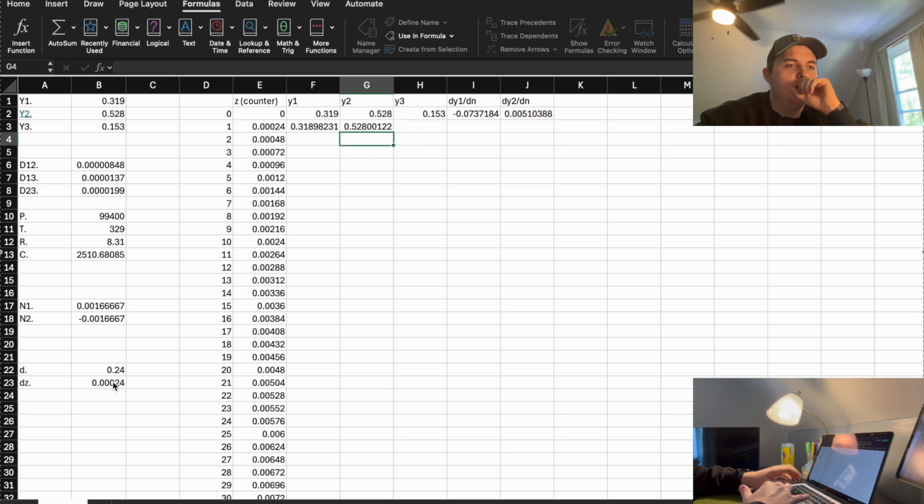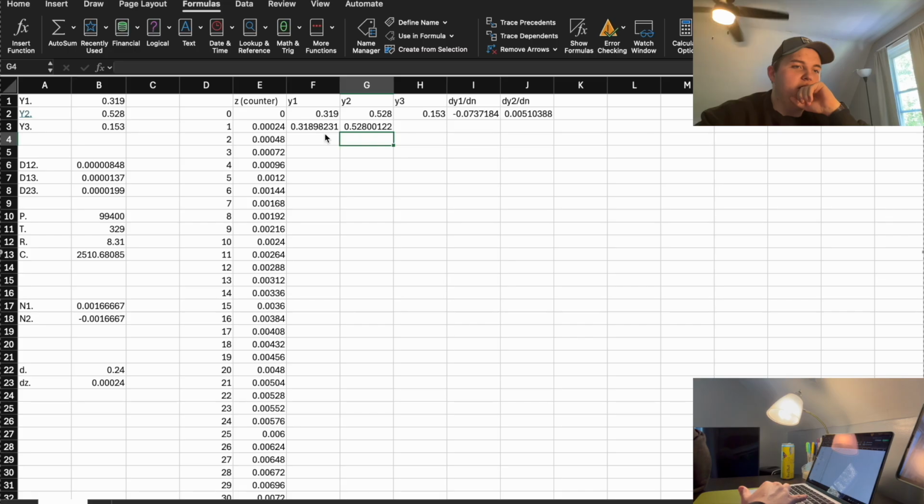Okay. Looks good. This is going down little by little. This is going up little by little, which makes sense. F2 looks good. G2 looks good. Everything seems to be in order.